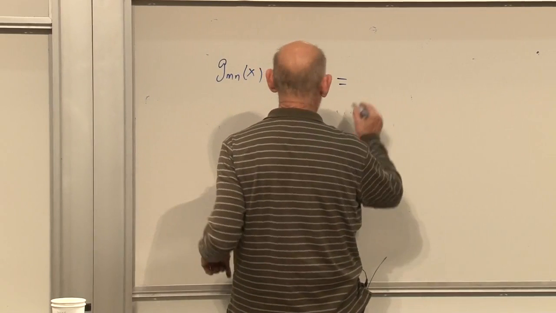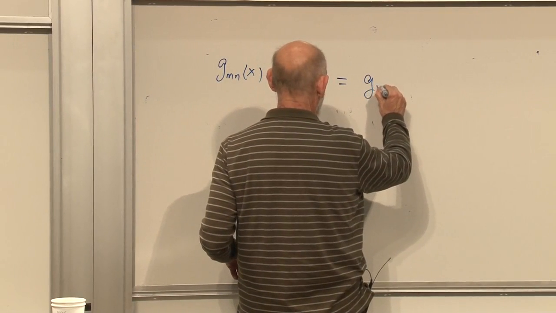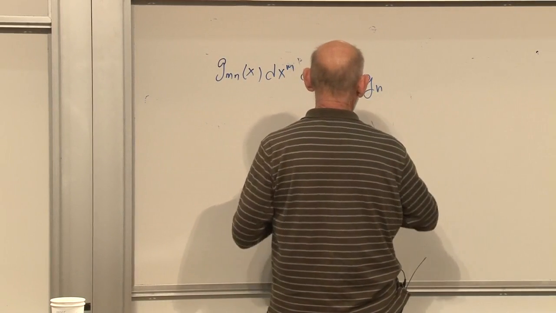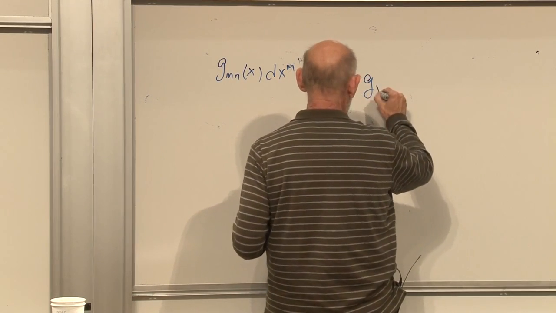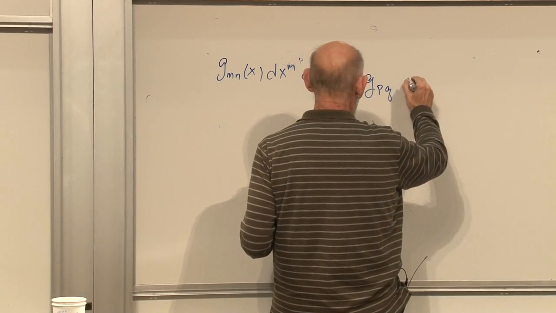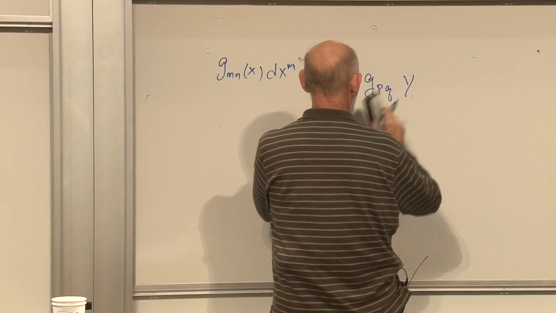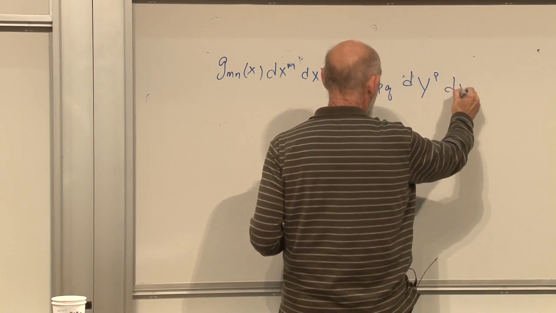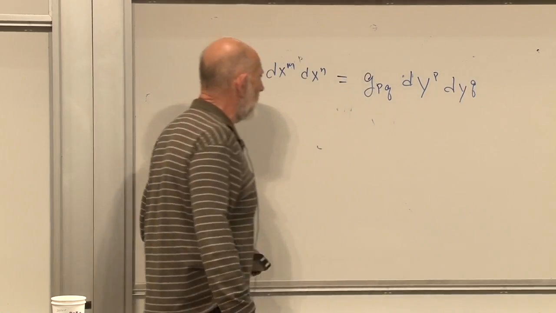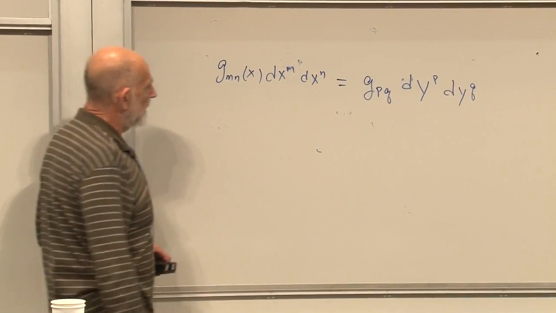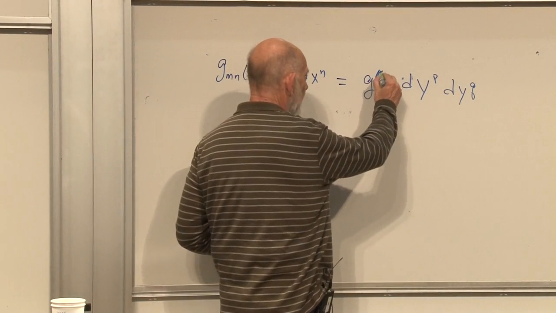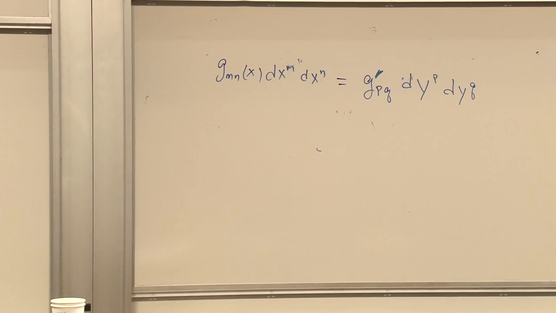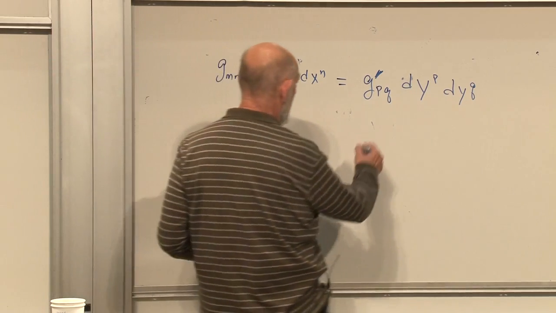This must be equal to, let's call it g_pq, I don't want to use the same index, g_pq dy^p dy^q. Now there's something wrong. This isn't quite right. That's because this should be the primed components of the tensor, the tensor in the primed coordinates, in the y coordinates.